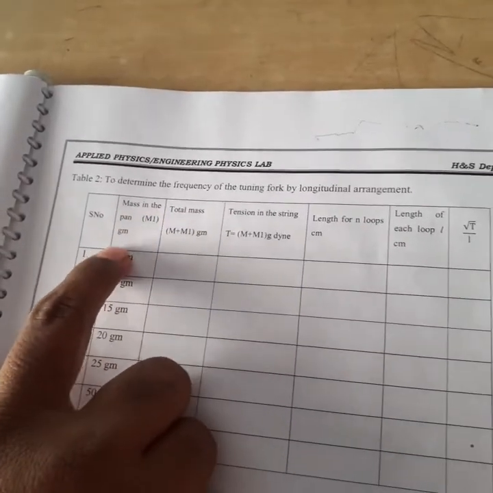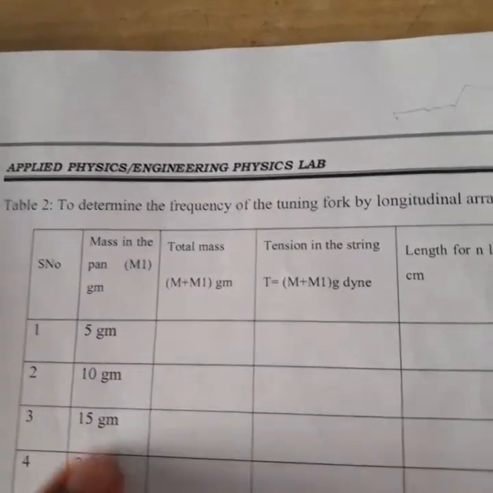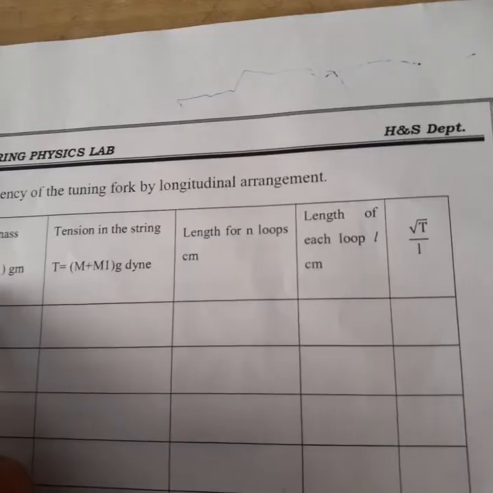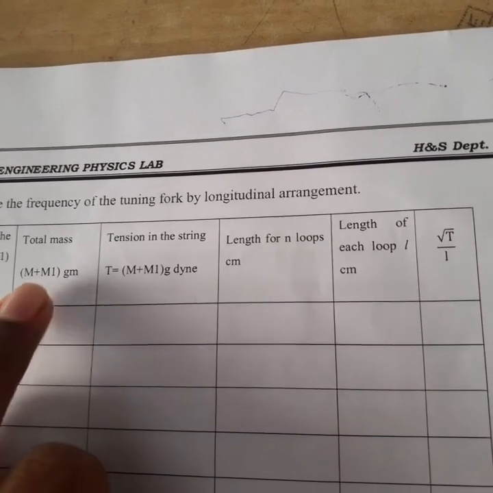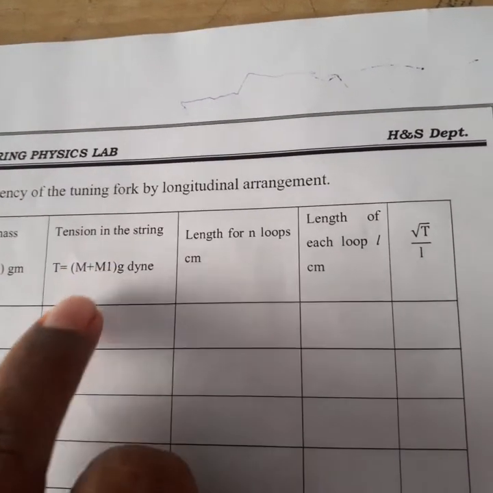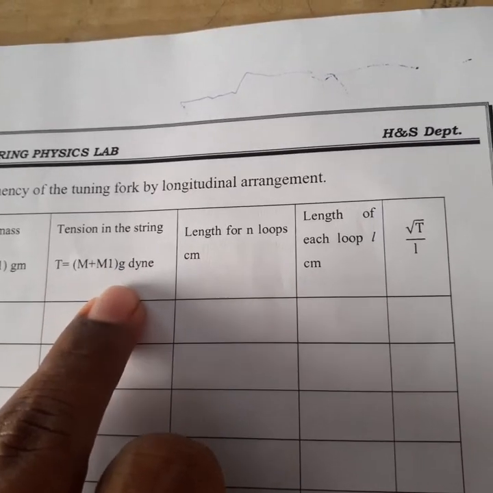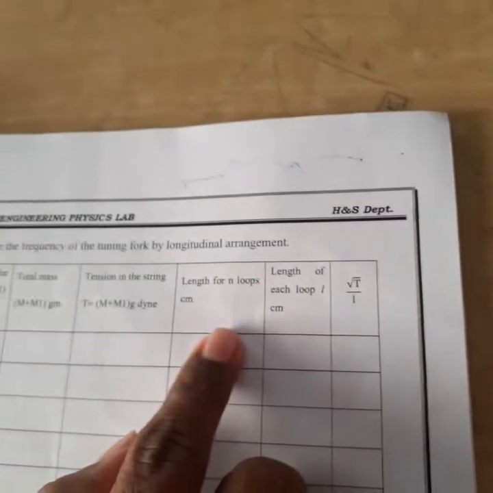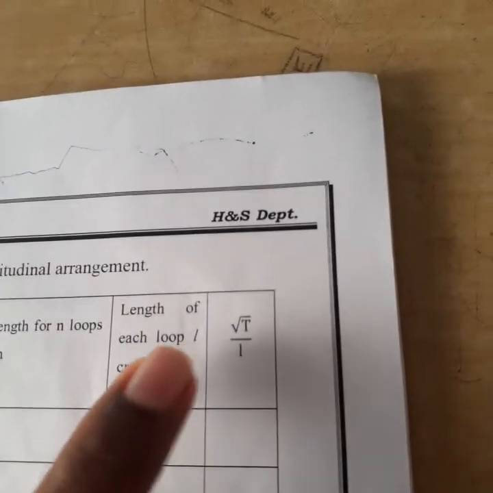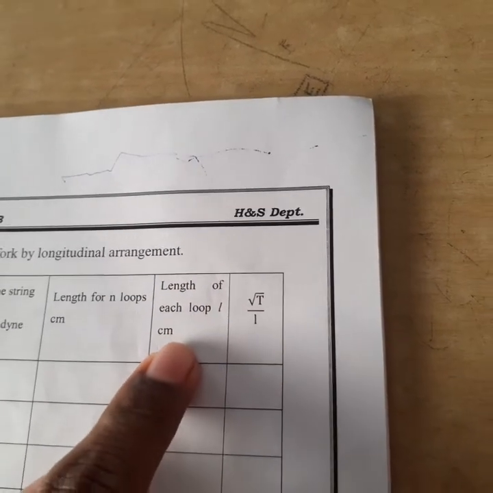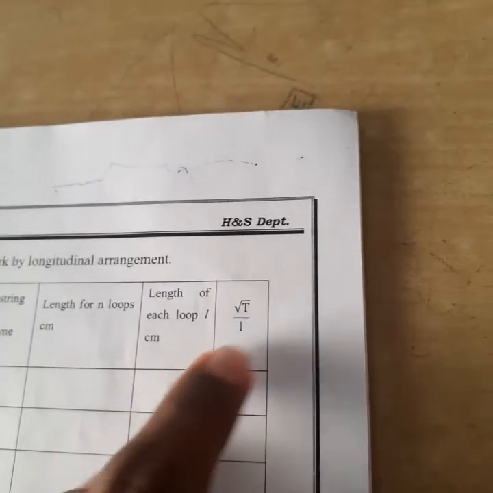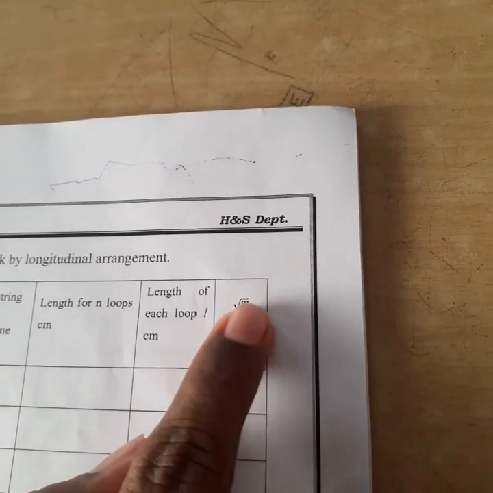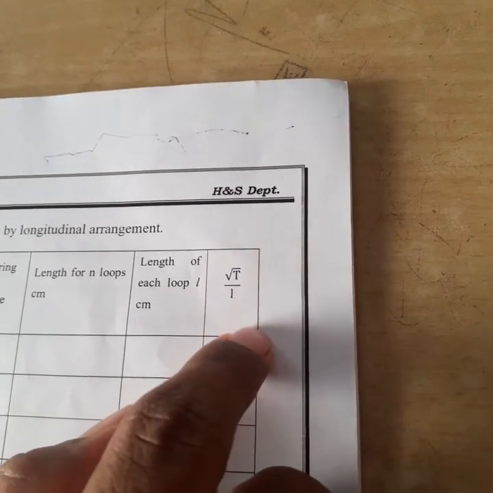Mass in pan, that is m1 grams, the total mass, the pan mass plus the mass added in the pan. Tension in string is equal to total mass into g value. Length of the n loops, length of each loop that is small l, and the final column root T by L value.